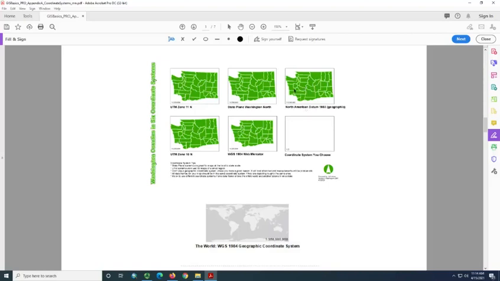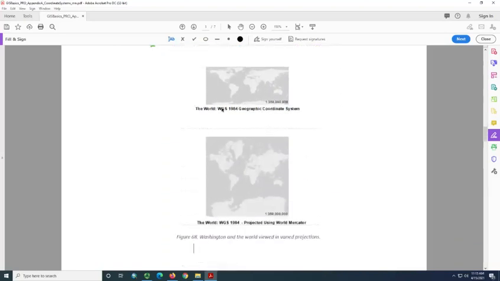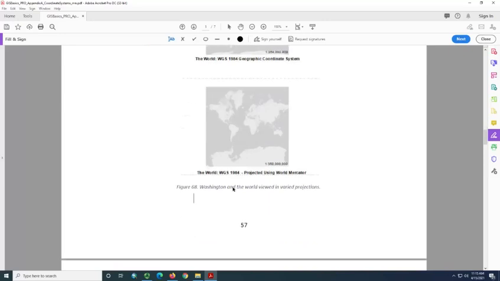And you can see that it's a little bit stretched out east to west there. But if you're looking at the whole Earth, and this geographic coordinate system is WGS, World Geographic System, 1984, you can see that it looks stretched out east to west, especially if you look at Alaska across Greenland to Siberia. This is the same geographic coordinate system, but then it's been projected. We're going to talk about projections in one moment using World Mercator.